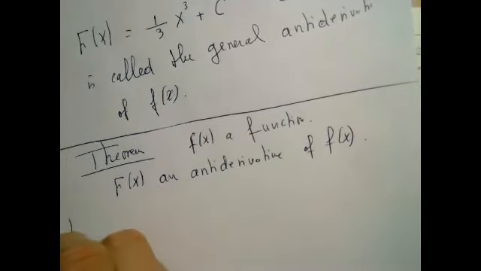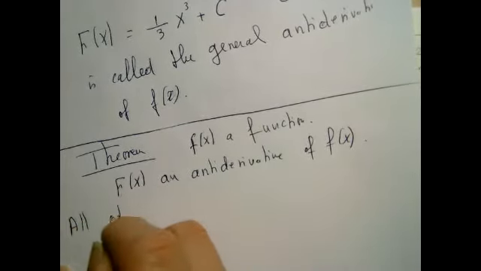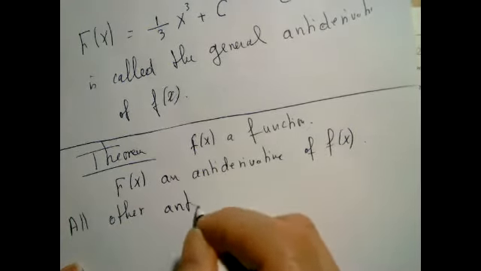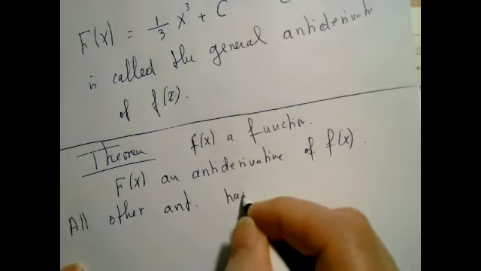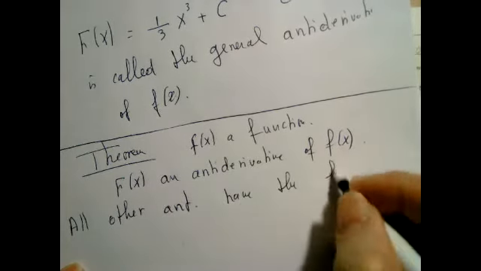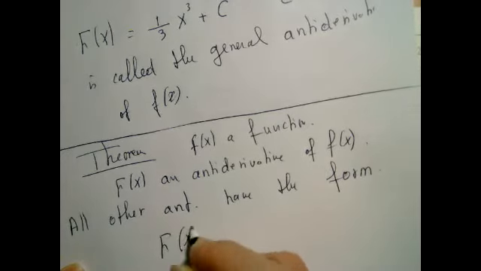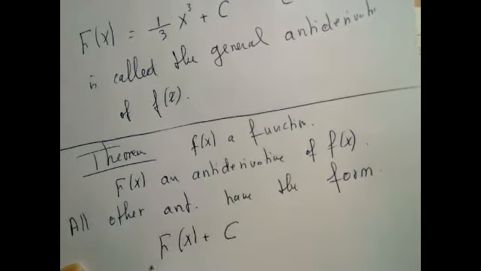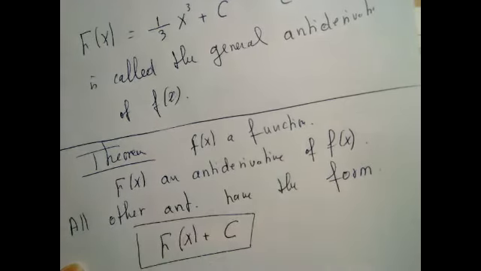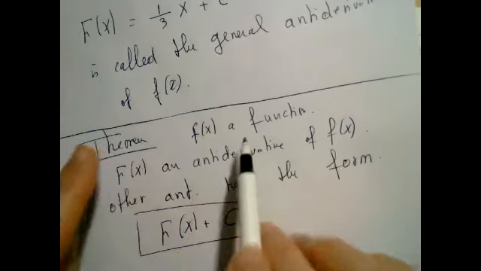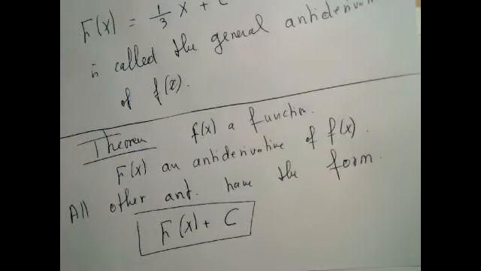Then the theorem tells me all other antiderivatives have the form F of x plus c. So once you know one of them, all of them will have the form F of x plus c, where c is a constant.